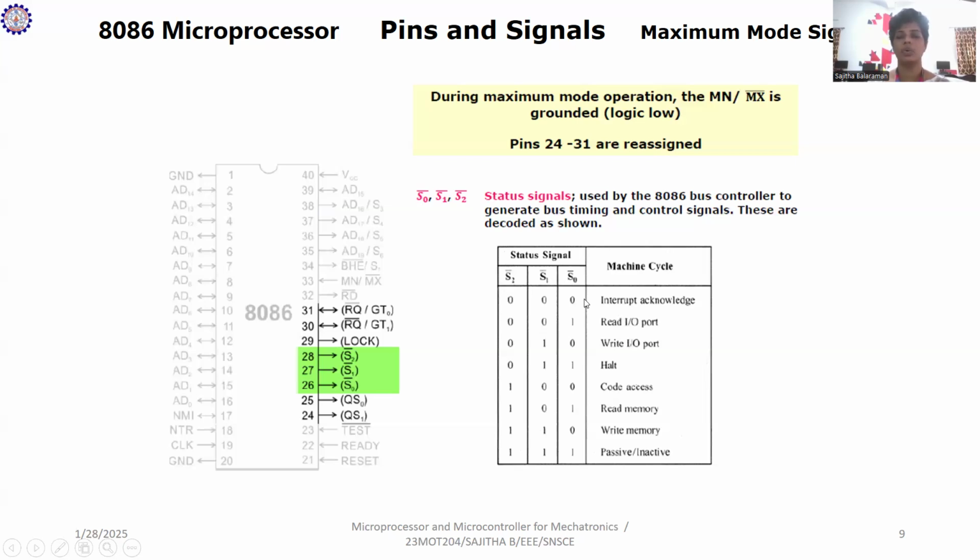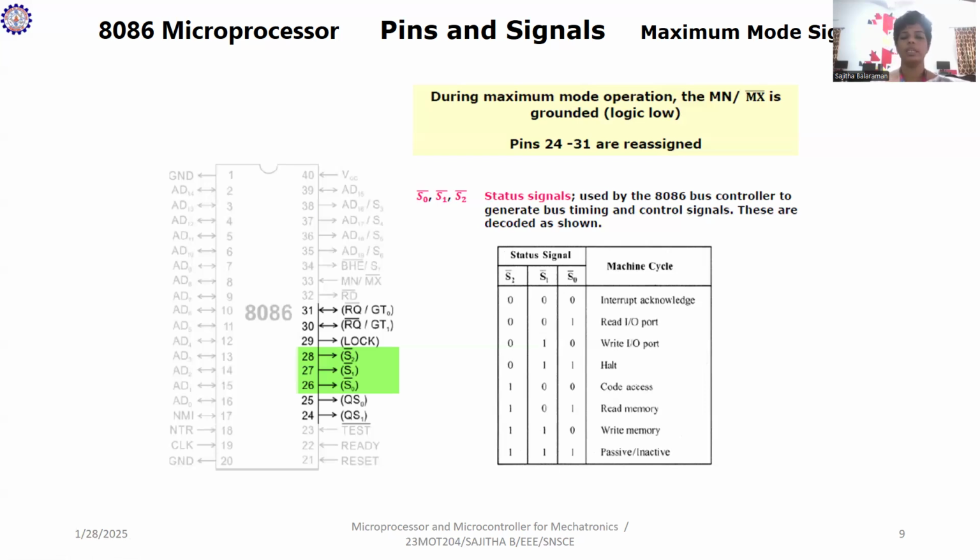When it is 000, the interrupt is acknowledged; 001 is read I/O port; 010 is write I/O port; 011 is halt; 100 is code access; 101 is read memory; 110 is write memory; and 111 is passive or inactive.